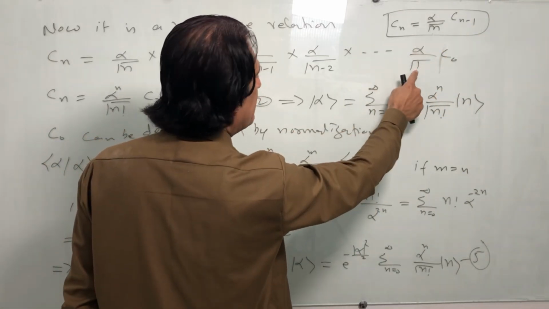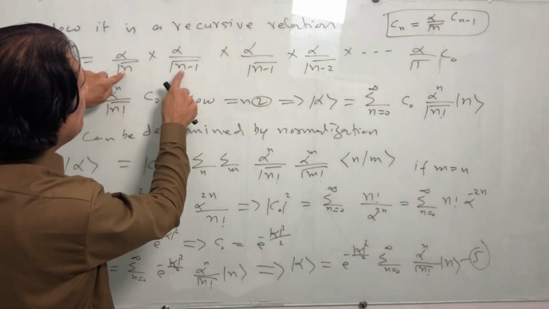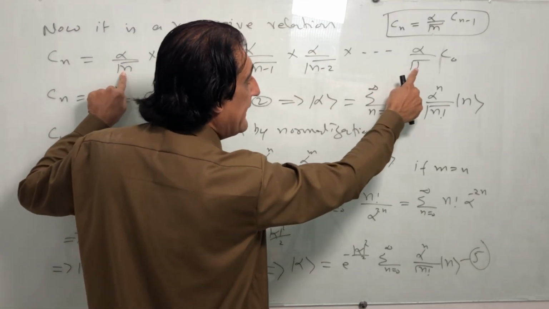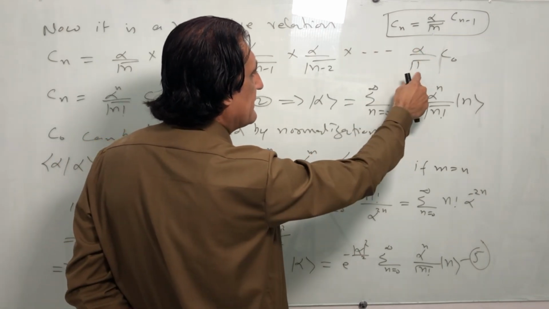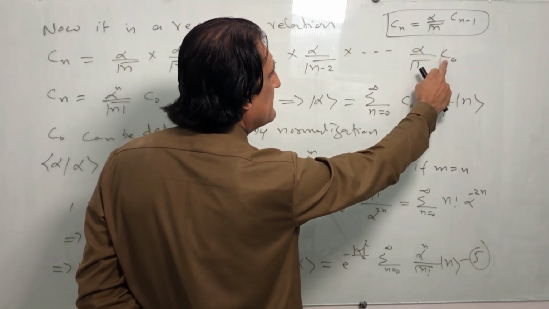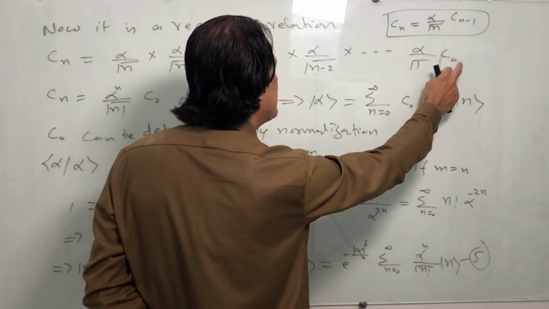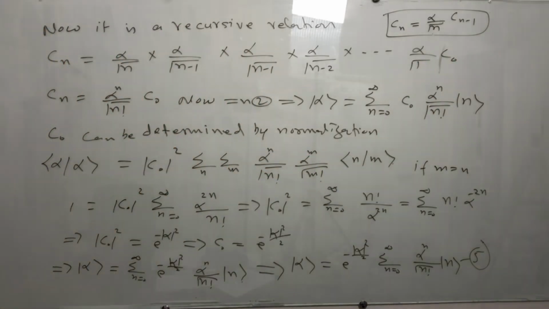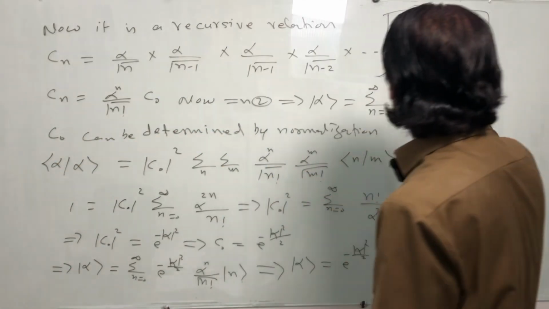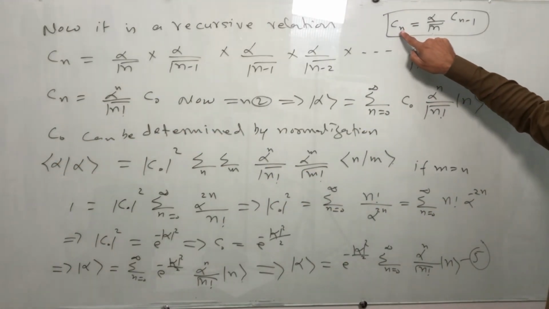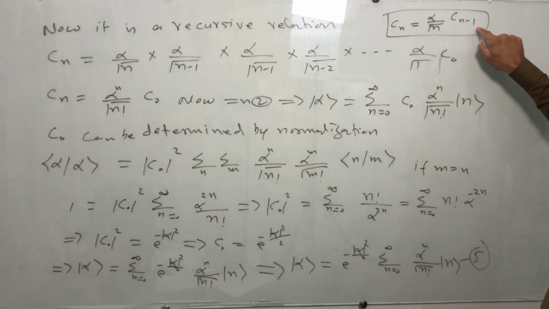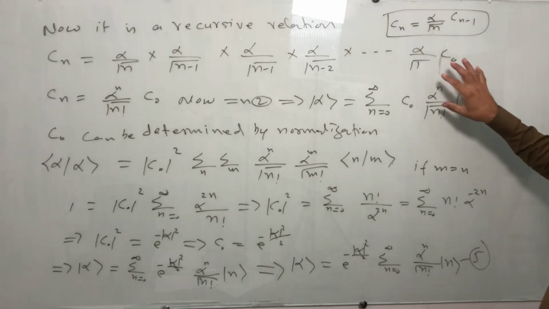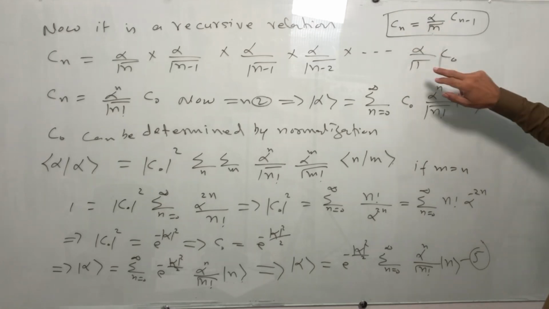This is decreasing, n minus 1, n minus 2, n minus 3, and reaches 1, and then finally we get C0. If n is equal to 1, then alpha divided by 1 times C0. So we can get this term.